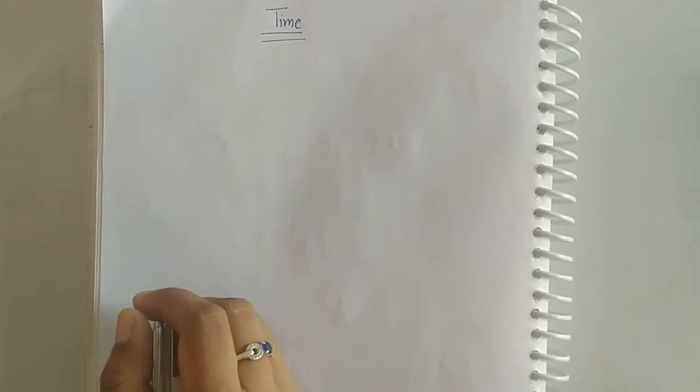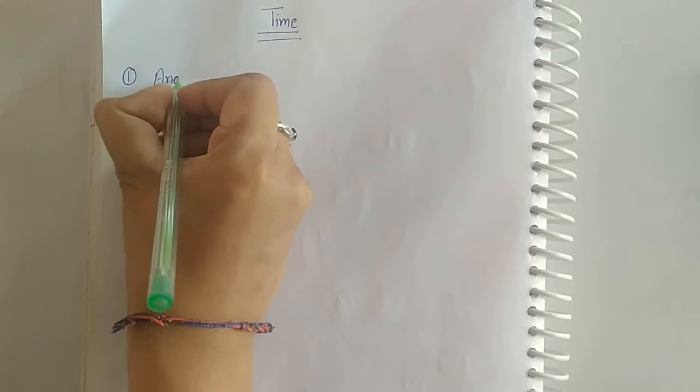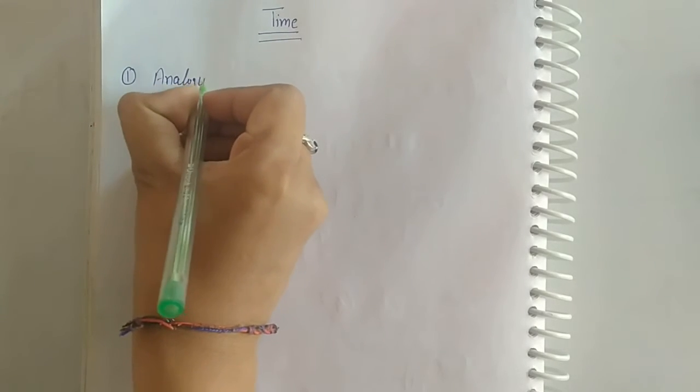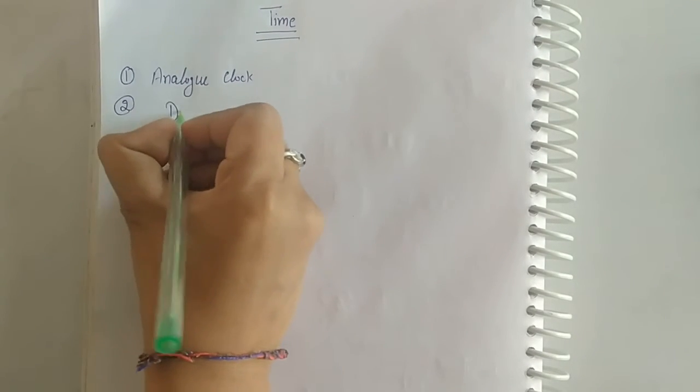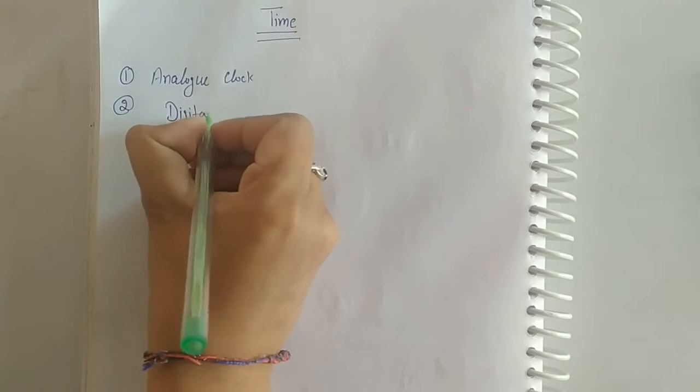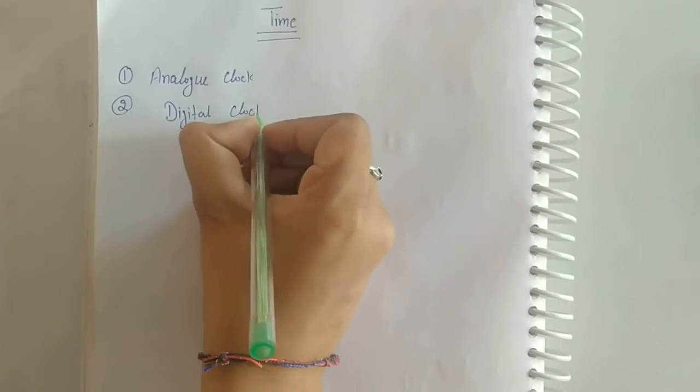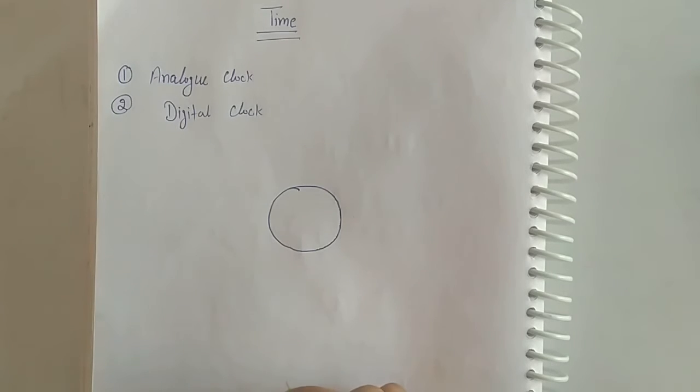So students, there are two types of clock. First one is analog and second is digital clock. Now students, see, this is a clock.